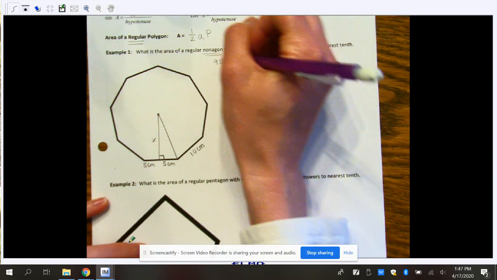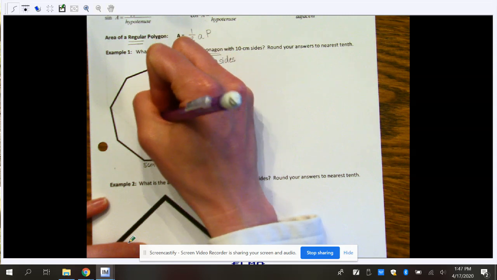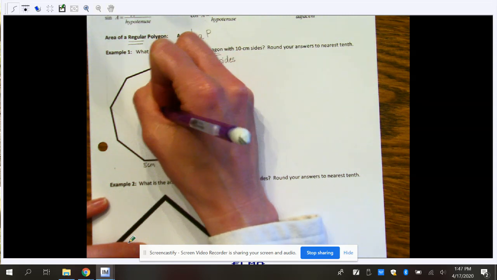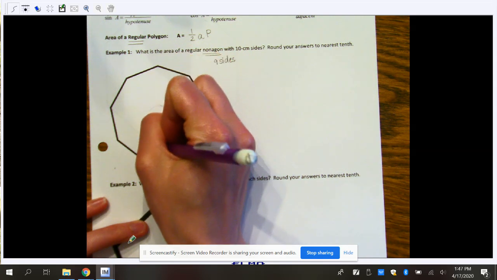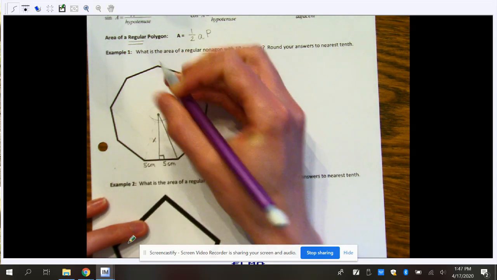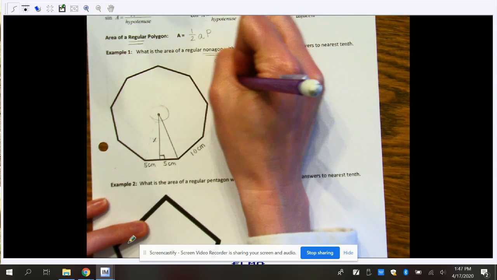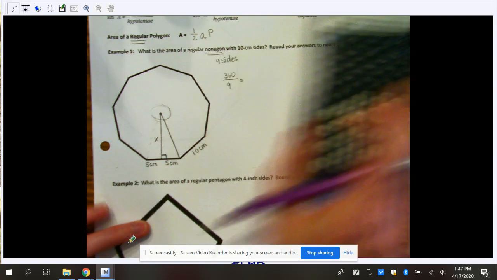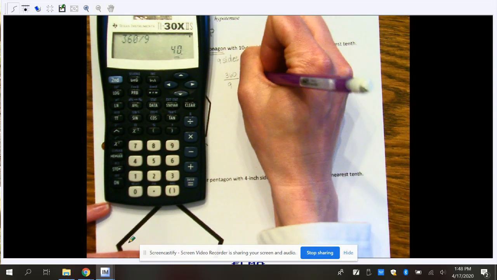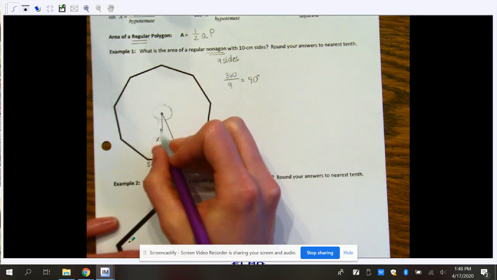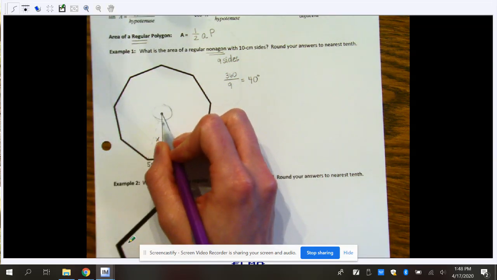If this is a nonagon with 9 sides, then all of the central angles in here will have the same measure. So if I take 360 and divide that by 9, I get 40 degrees. So this entire angle right here would be 40 degrees.